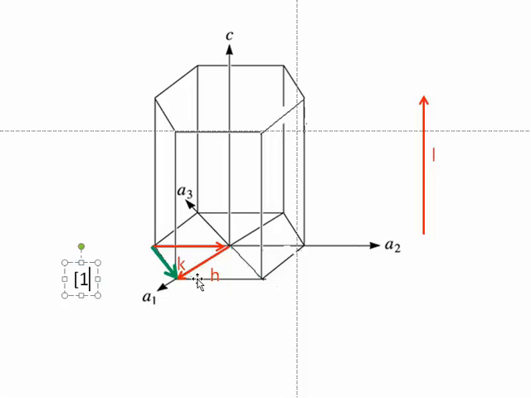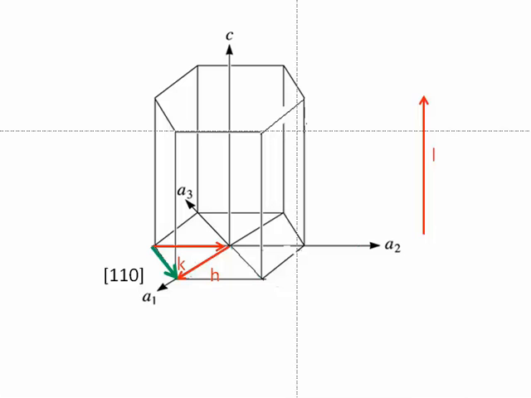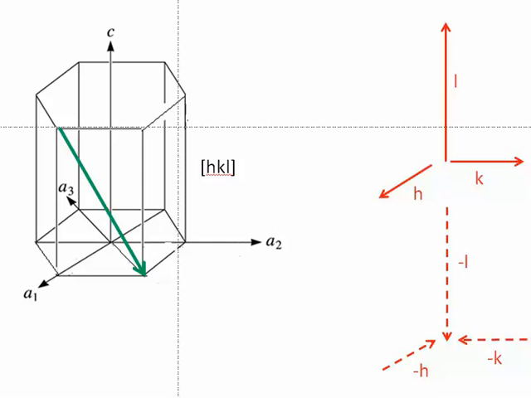In the k direction, we traverse 1 unit, and in the l direction, we traverse 0 units. In that way, the indices of the direction shown by the green arrow are given by 1, 1, 0 in the three-axis HKL system.